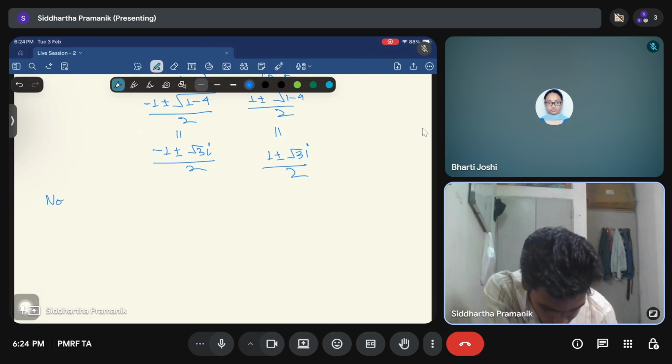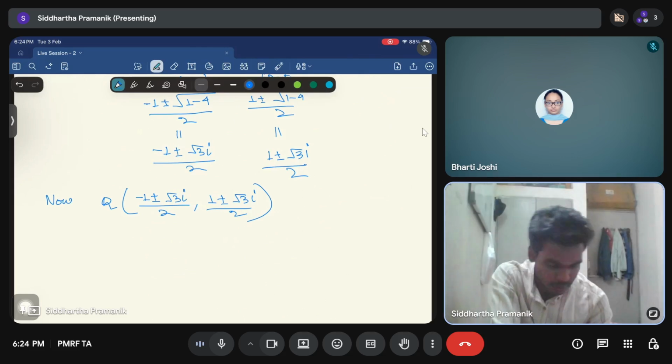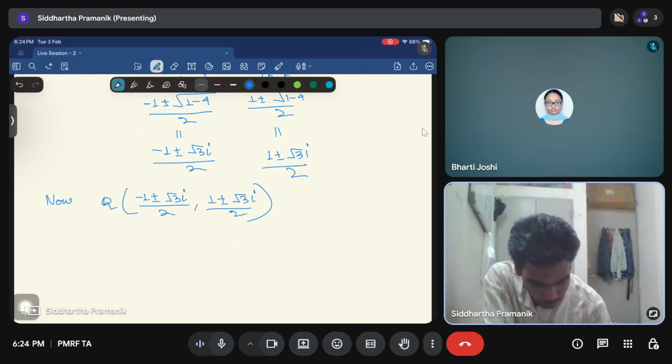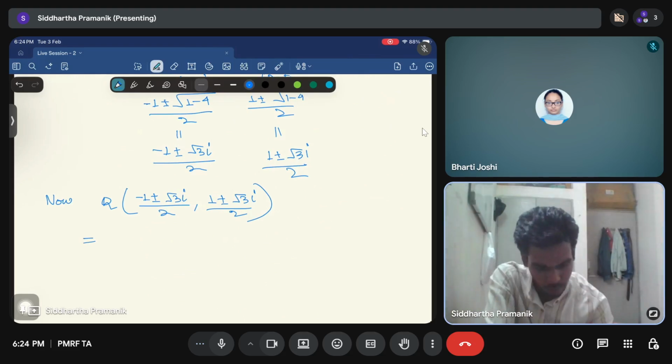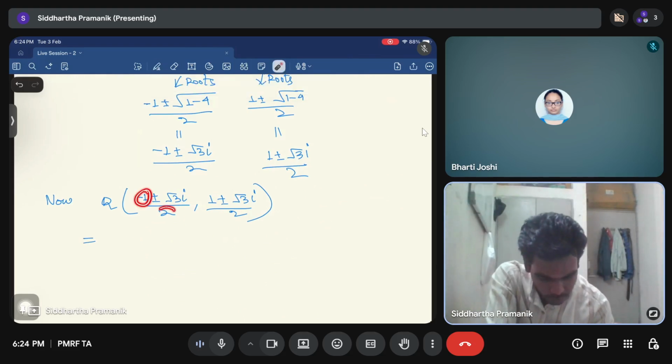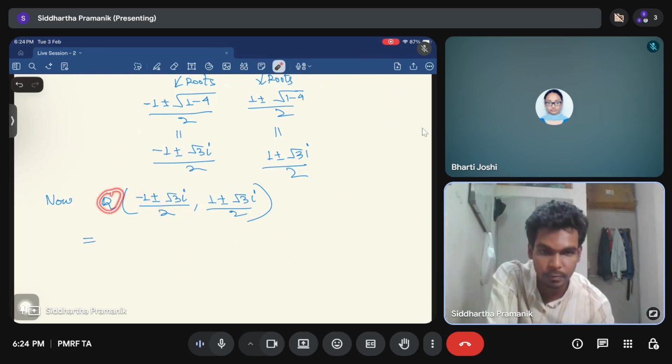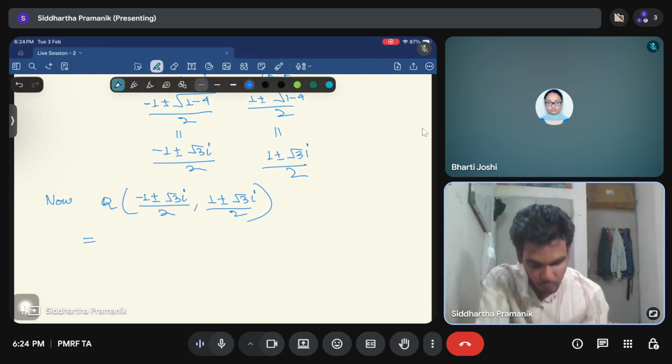So now let's attach the roots: (-1 ± sqrt(3)i)/2, (1 ± sqrt(3)i)/2. We need to write this field in the simplest form. The -1 and 2 are elements of Q itself, so they get absorbed.